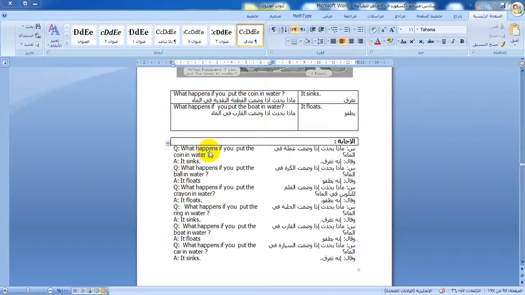What happens if you put the ball in water? It floats. What happens if you put the crayon in water? It floats. What happens if you put the ring in water? It sinks. What happens if you put the boot in water? It floats. What happens if you put the car in water? It sinks.